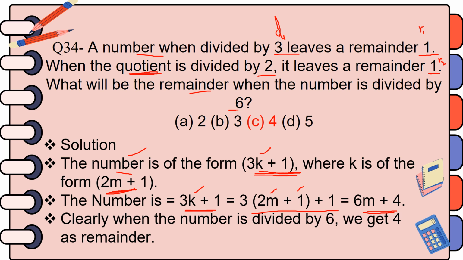So 4 is the remainder, and M is the quotient. 6M divided by 6 gives M, times 6 becomes 6M, which cancels with 6M, and you get 4 as the remainder.